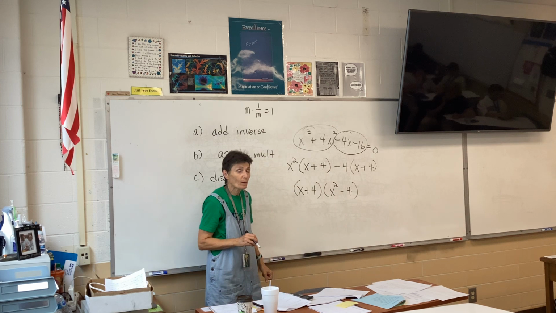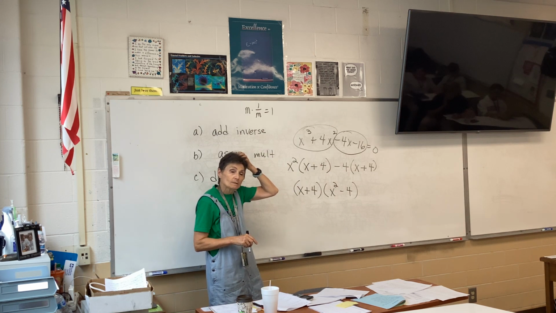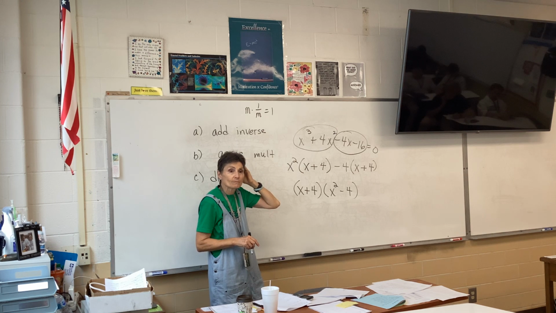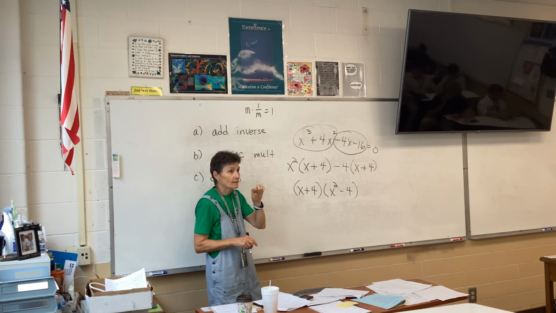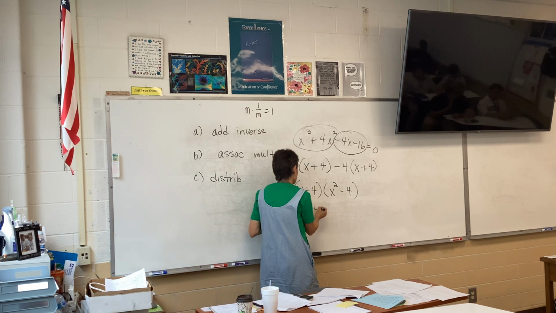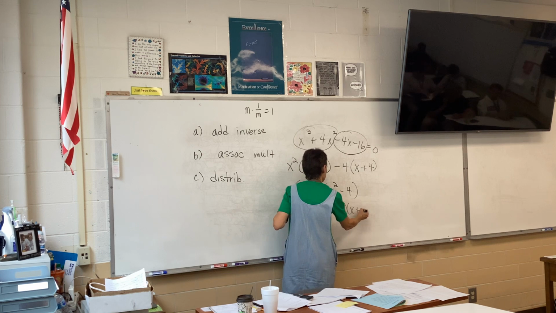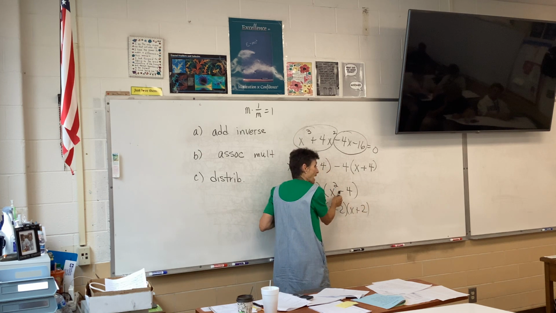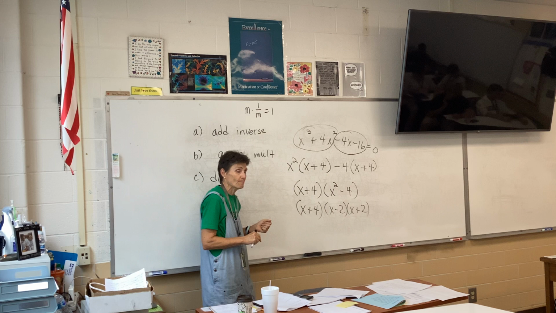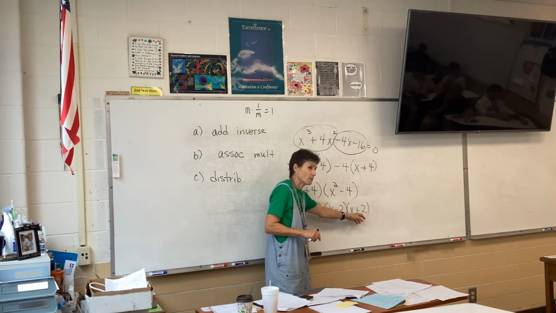What is x squared minus 4? X plus 4, x minus 4? No, be careful, it's not 4. X plus 2, x minus 2. It's called the difference of squares. And remember yesterday I warned you, get used to that because it pops up all the time. This is the difference of squares, x minus 2, x plus 2.